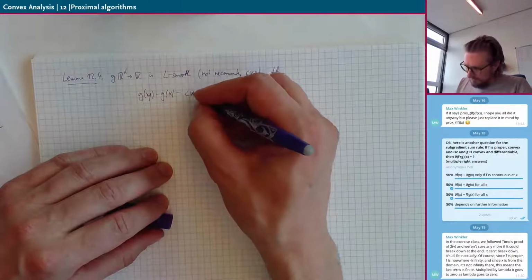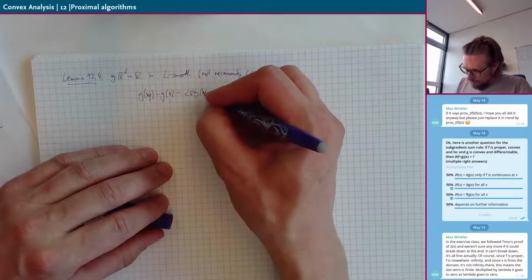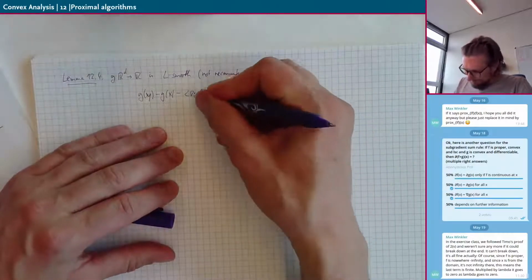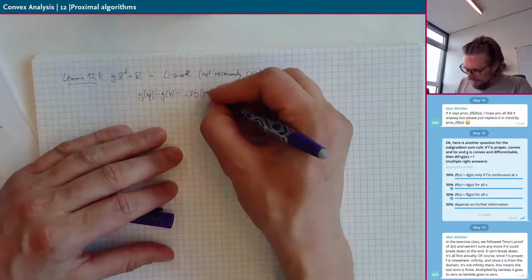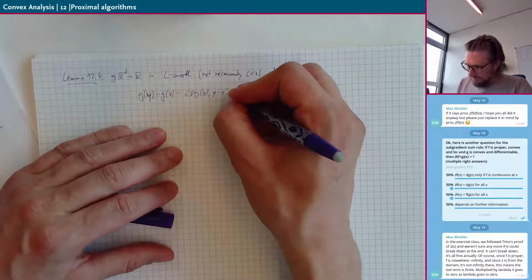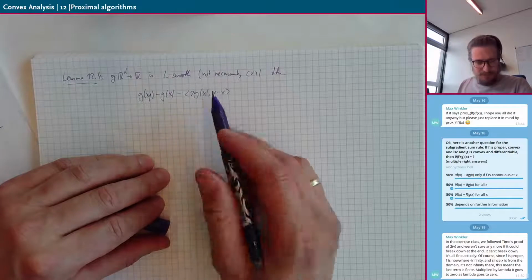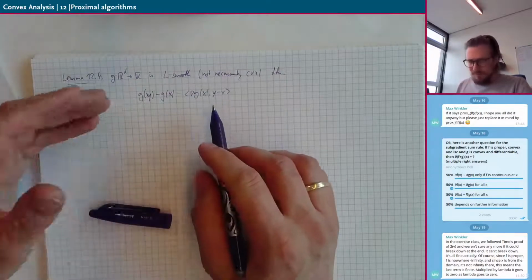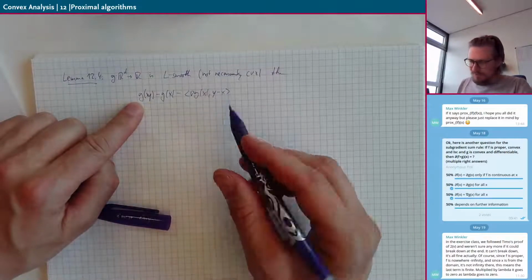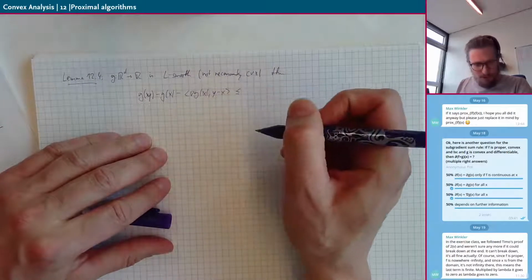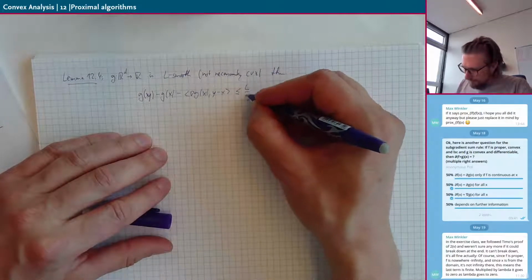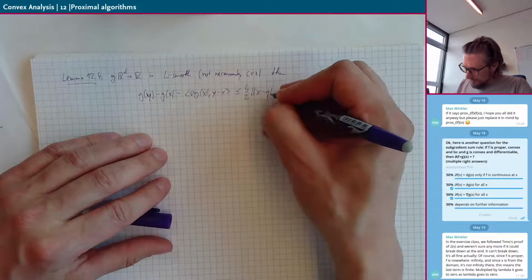This term here is basically the first order Taylor expansion: g of y minus the first order Taylor expansion at x. This is g minus its linearization, and it has an upper bound of L over 2 times the squared norm of x minus y.